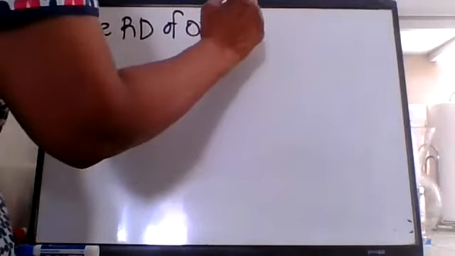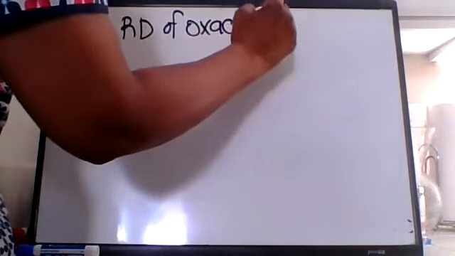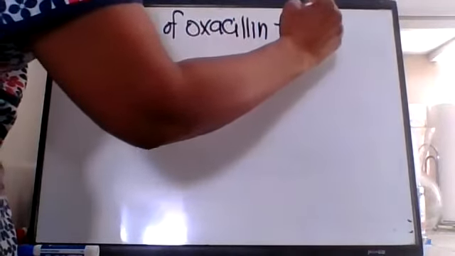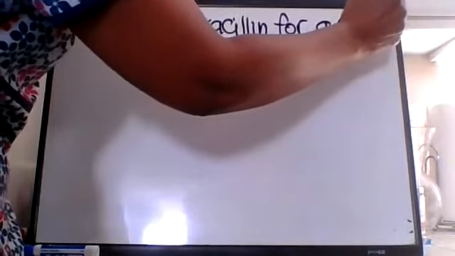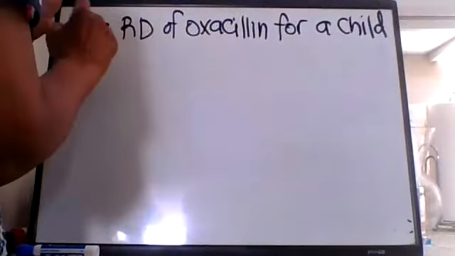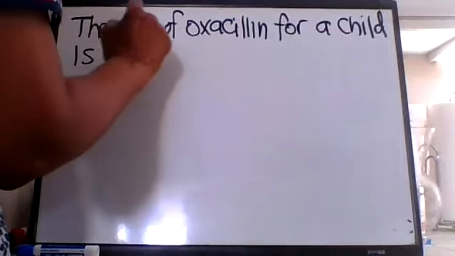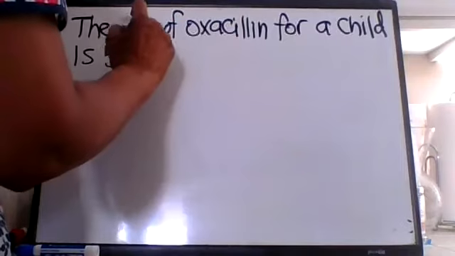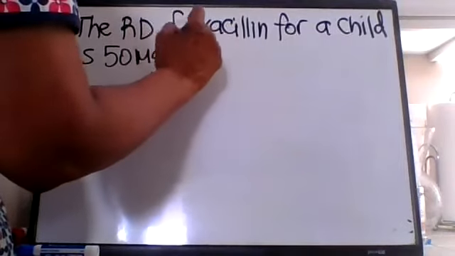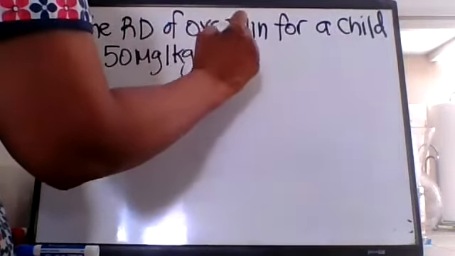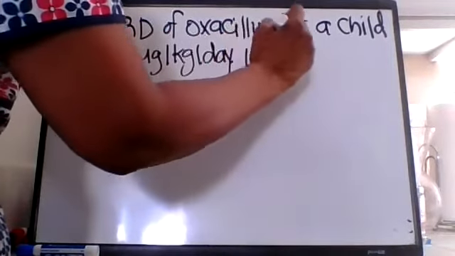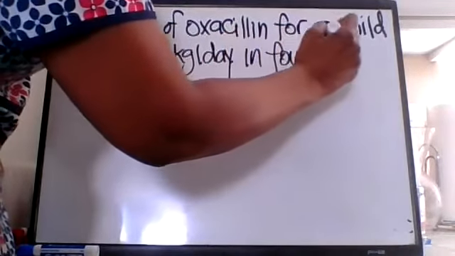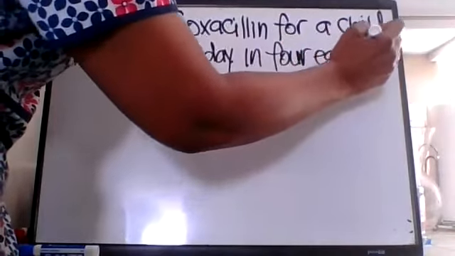The recommended dose of oxacillin for a child is 50 milligrams per kilogram per day in 4 equal doses.